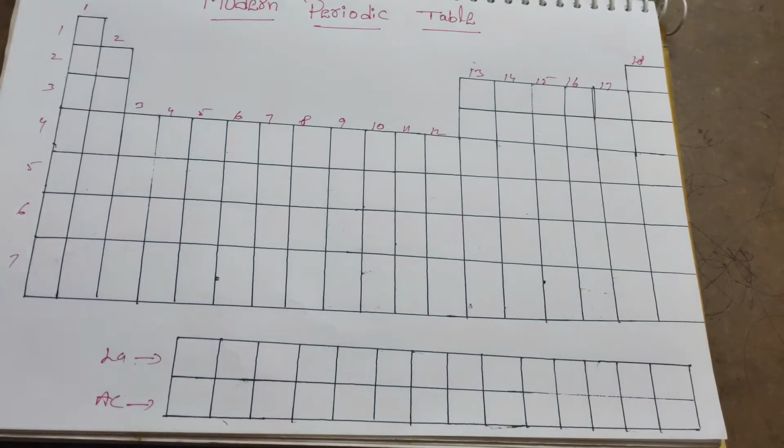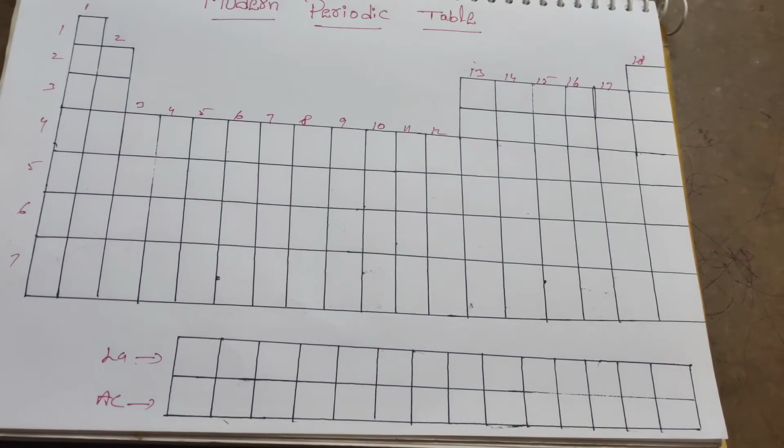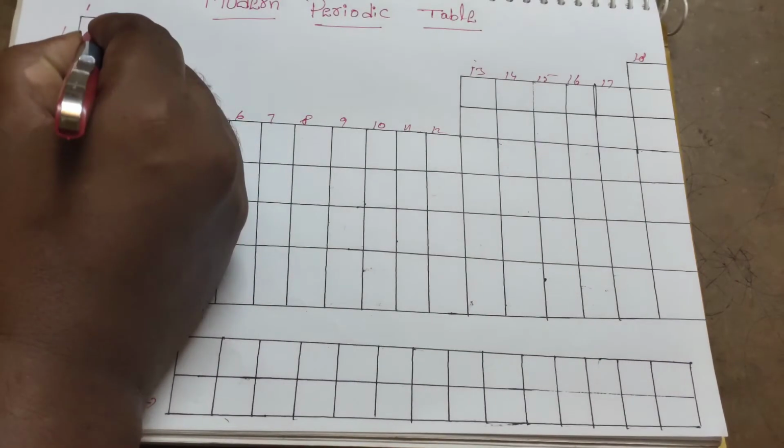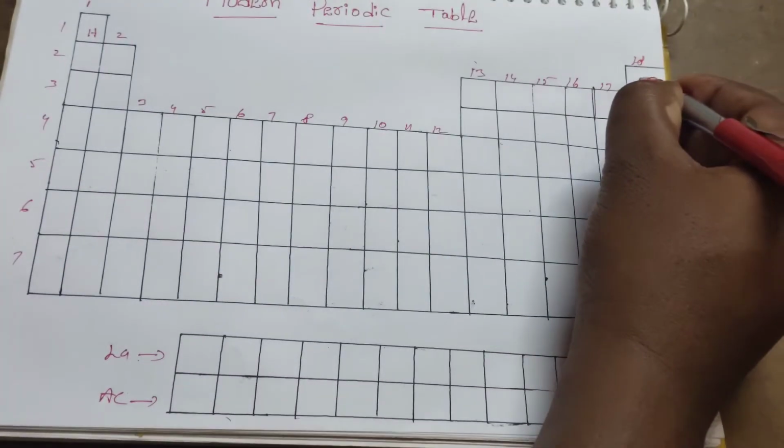Okay students, the first period contains only two elements: hydrogen and helium.